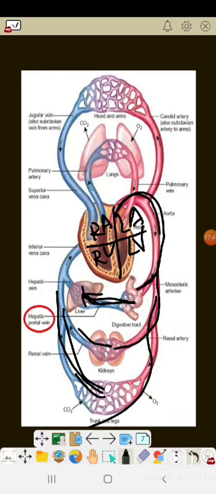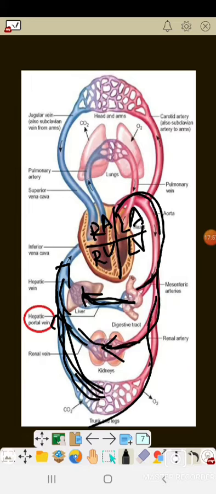It will enter the liver for detoxification, and the kidney, as you all know, purifies by itself and excretes out all the waste products. Now it will enter through here, joins as the hepatic vein, from the kidney and from the trunk and lungs also.